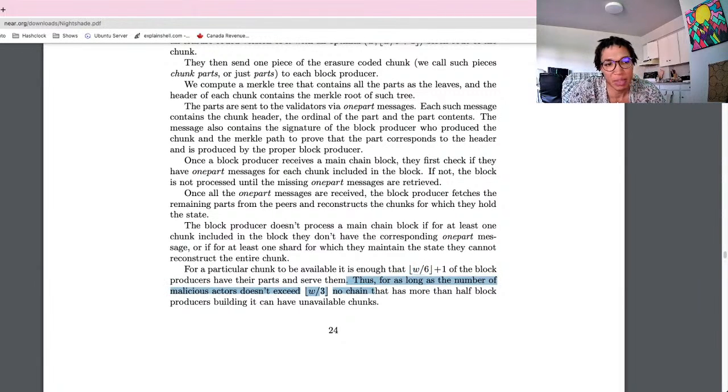Okay, so I guess it depends how many malicious actors you have. So thus, for as long as the number of malicious actors doesn't exceed W over 3, which is one third, no chain that has more than half of block producers building it can have unavailable chunks.